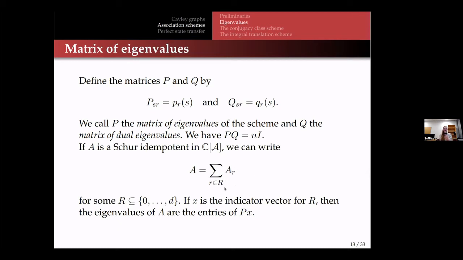So we have some subset R of 0 to D, such that if we sum these AR over this subset, we get our matrix A. Then if we take the indicator vector X for R, the eigenvalues of our matrix A are going to be the entries of P times X. So they're just sums of some eigenvalues of the scheme. This is how we can get the eigenvalues of a graph in our scheme from the eigenvalues of the scheme.